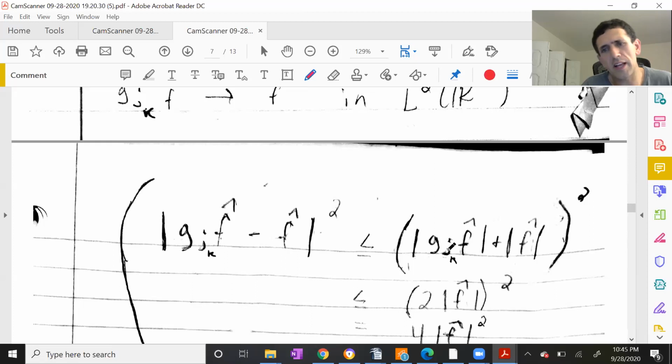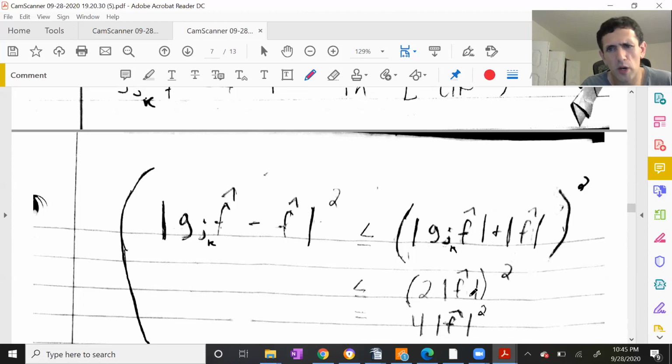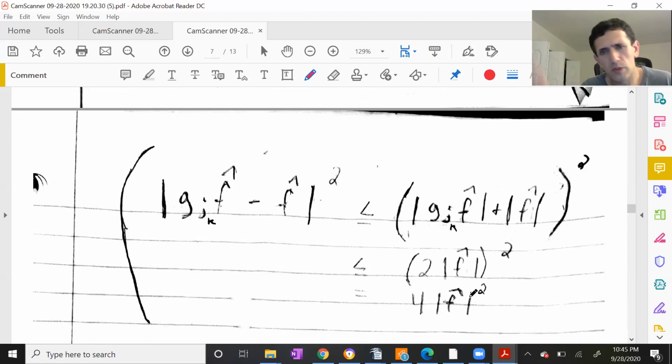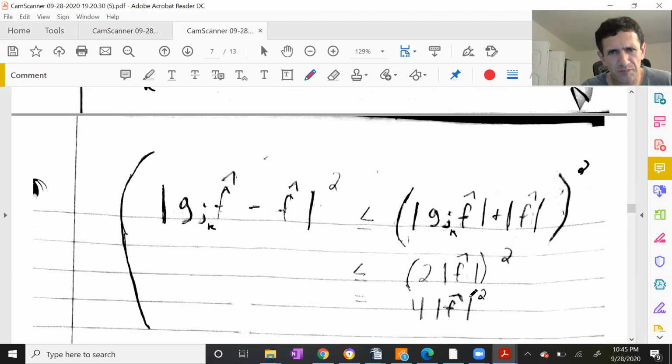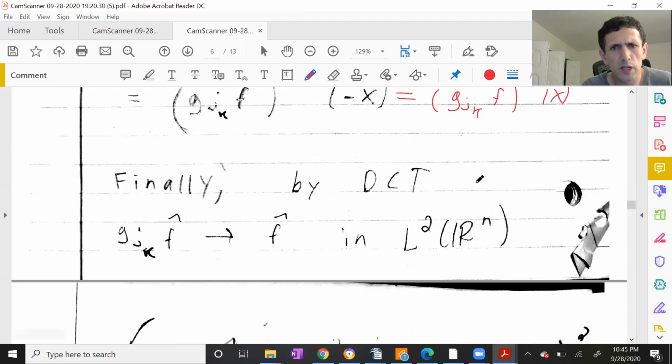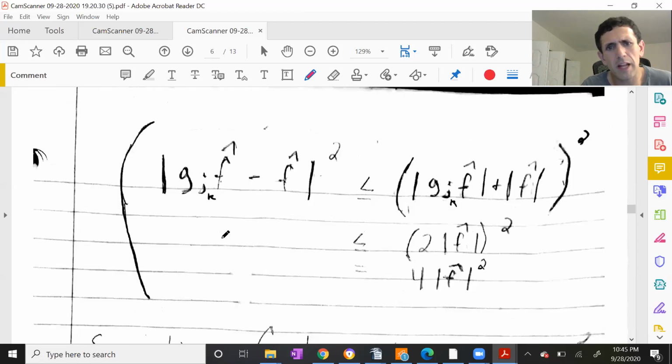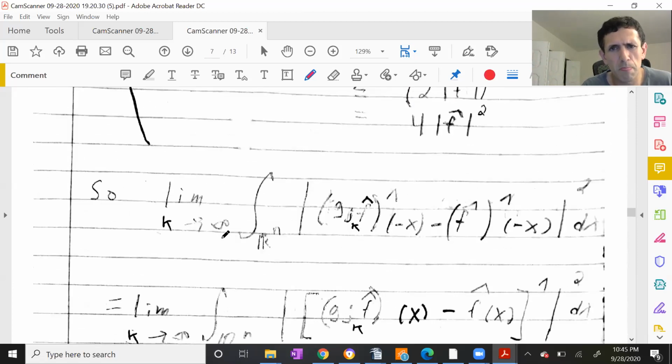This exponential is bounded by 1. So it's bounded by 2 times modulus f hat. Square it, it's 4 times modulus f hat squared. So really not much to that. So we can use dominated convergence here, and we get L2 convergence here. So let's put that to some final good use.